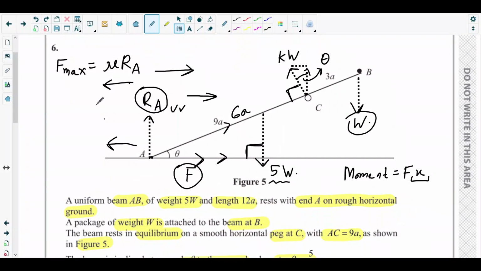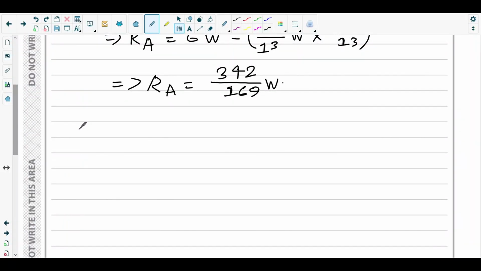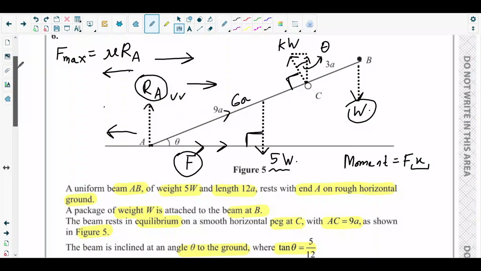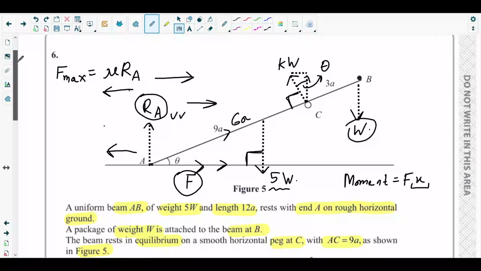So we have to consider the forces horizontally acting on the beam. So horizontally, friction is acting to the right side. This is the friction F. What is acting to the left? Yes, the horizontal component of the reaction at C is acting to the left.